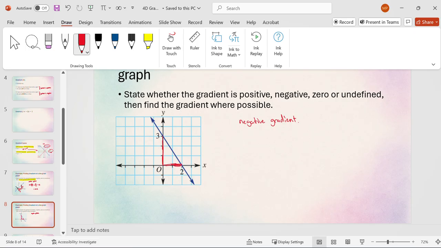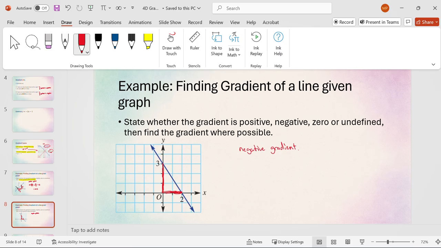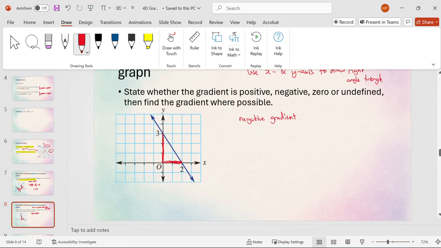I typically like to use the x and the y axis to help me draw my triangle. Use x and y axis to draw right angle triangle. This will just make it easier to count your rise and runs.